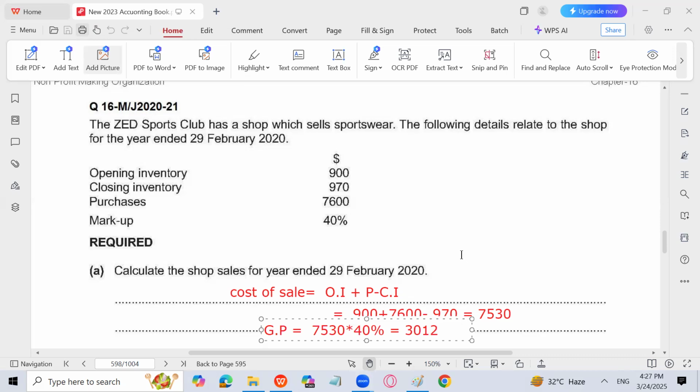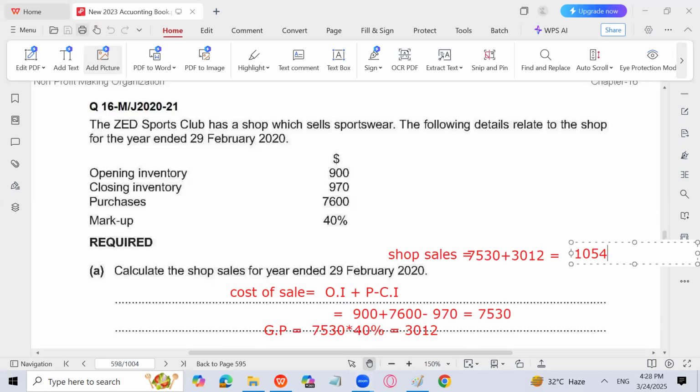Now you can find the shop sales. 7530 plus 3012, you will get the sales. So the shop sales is 10542. This is how we have calculated the shop sales for this question.